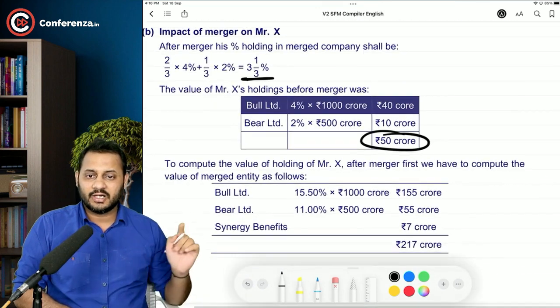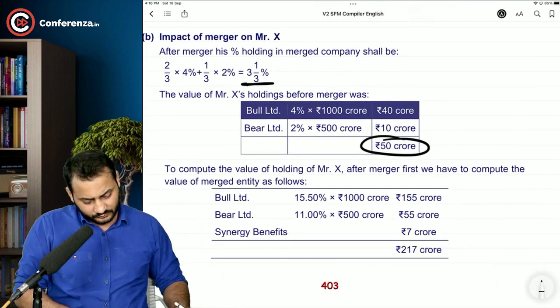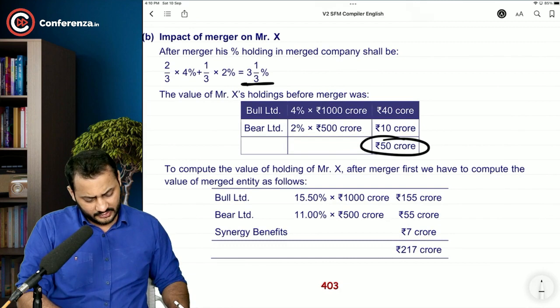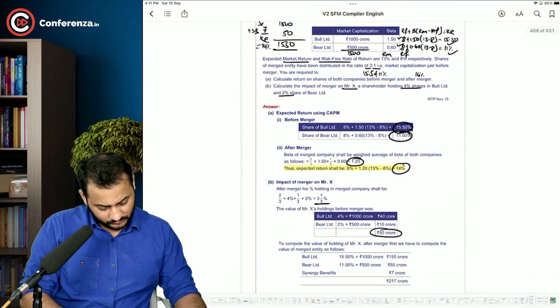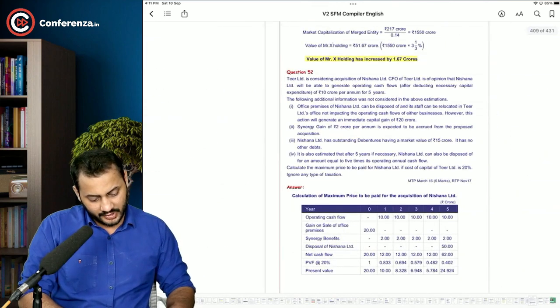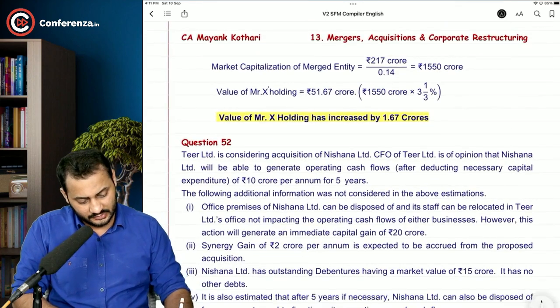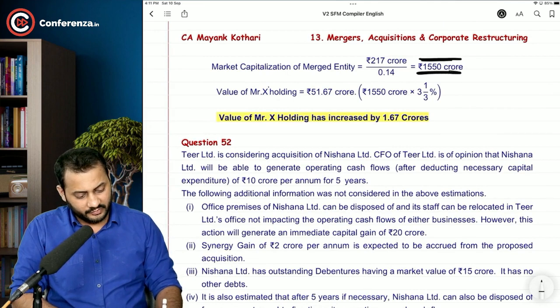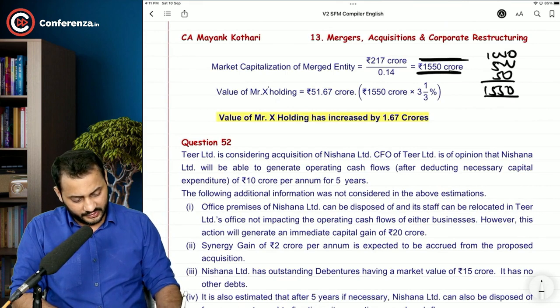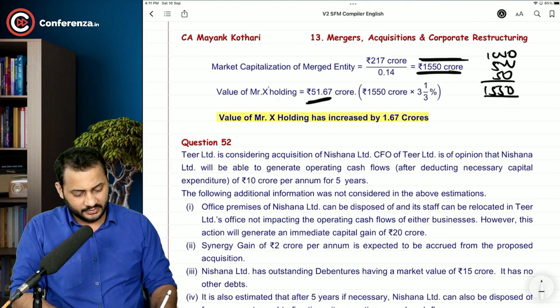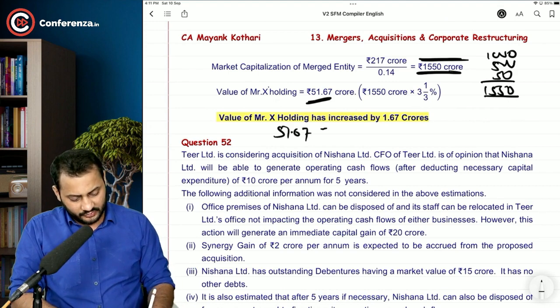But after merger, market value of the company, I don't know why they have calculated like this. Straight away they could have calculated 1550 crore. So 51.67 becomes his market value now out of 50.